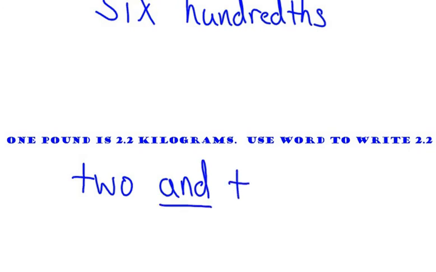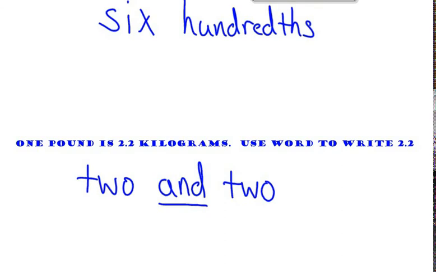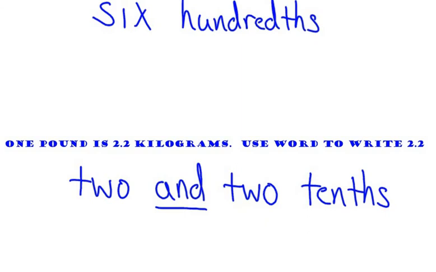And now we're going to write the decimal part, 2/10. So our "and" in this case refers to the decimal 2 2/10.